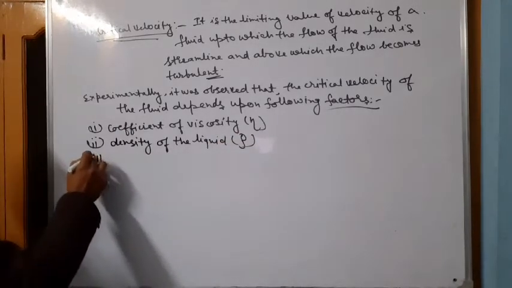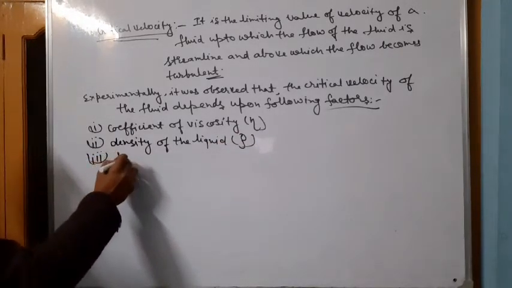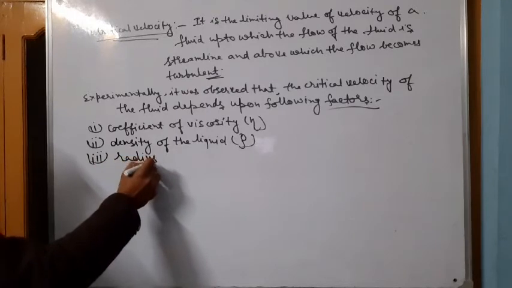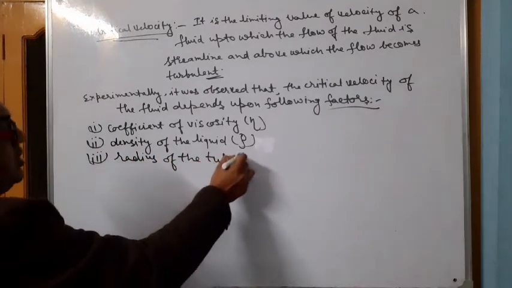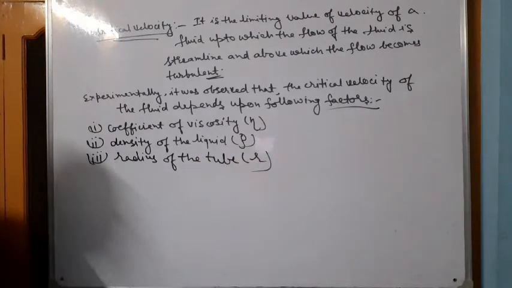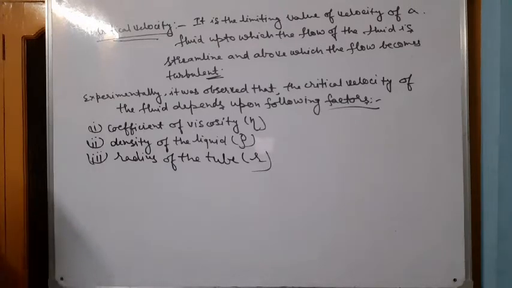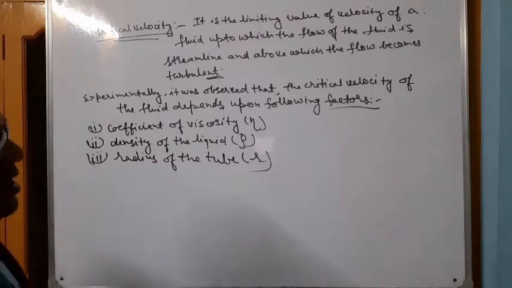And third one is radius of the tube, that is equal to r. So the value of critical velocity depends on these three factors.